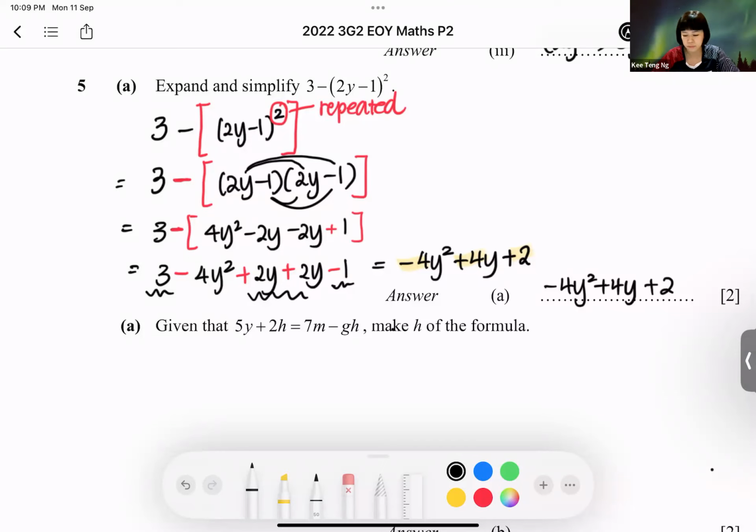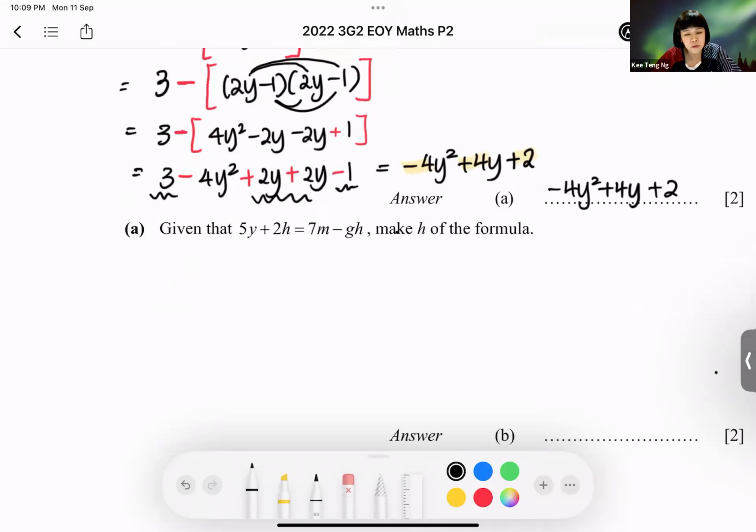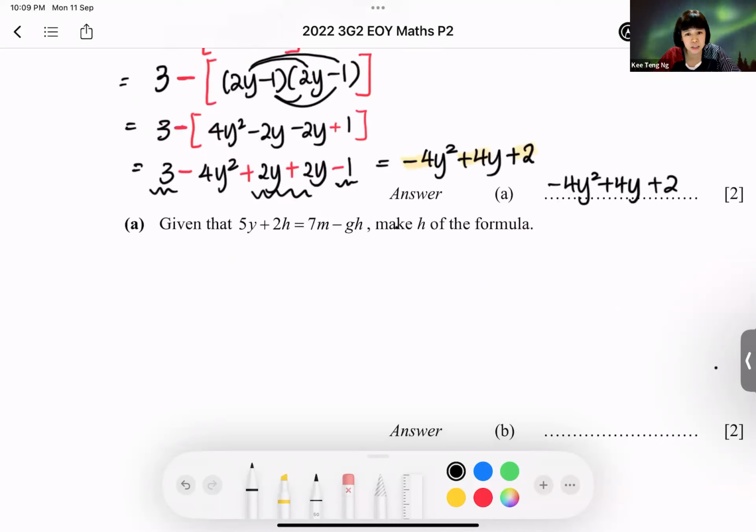Okay? Next question. Given this whole thing, make H the subject of the formula. Now let's take a look. Where are the terms with H? I have a 2H here and a negative GH here. So in this kind of question, I will tell you my three letters, my G, F, and D, my girlfriend, and then D, right?